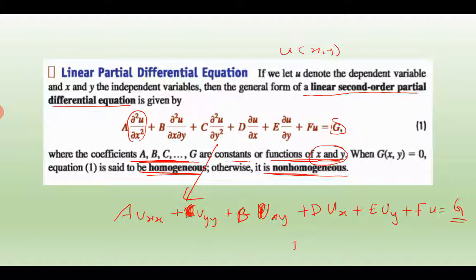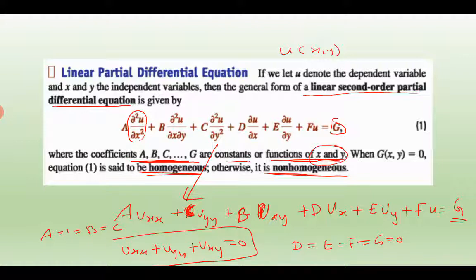When you take d, e, f and g as zeros, and a is 1, b is 1 and c is 1, then you will get the differential equation u_xx plus u_yy plus u_xy is 0. So from the differential equation we can find the coefficients, the values of a, b, c, d, e, f, g. Clear?